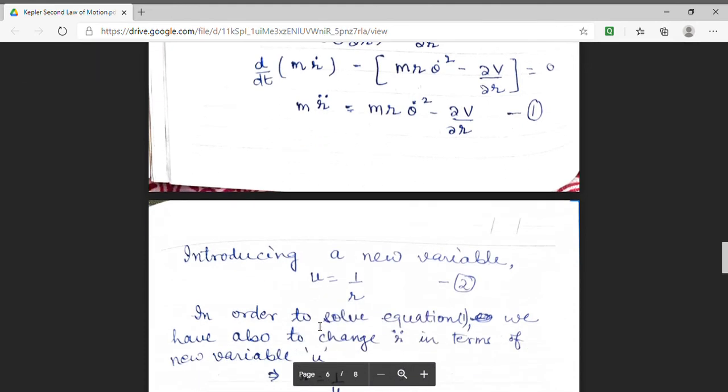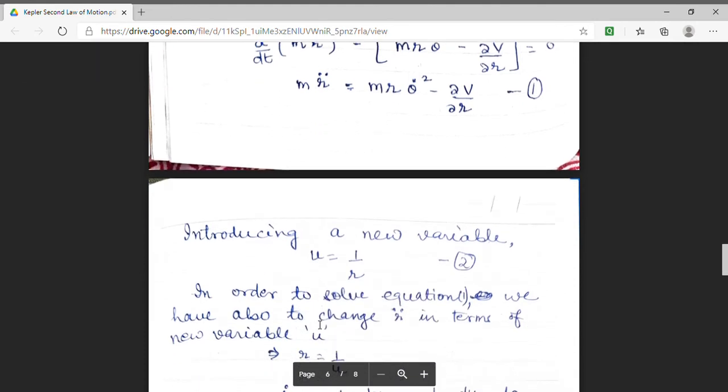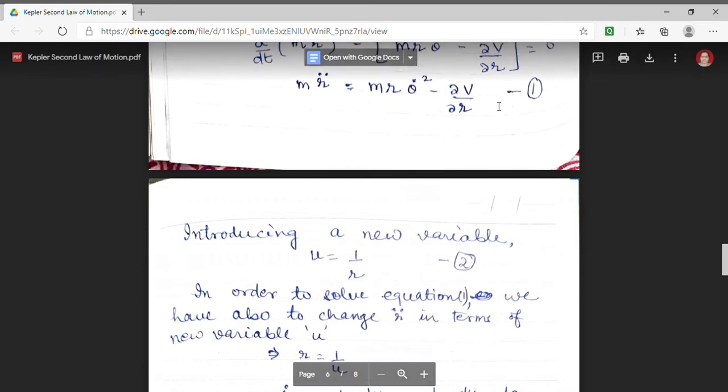In order to find the equation of orbit, I am introducing a new variable expressed as u = 1/r. So I have to change my Lagrangian equation of motion in terms of a new variable, that is u. So we have to switch over from the r variable to a u variable.